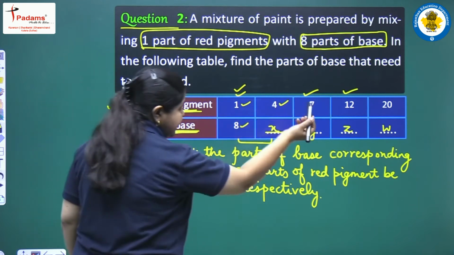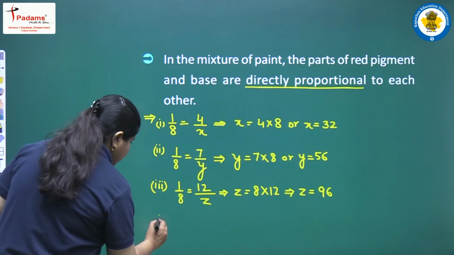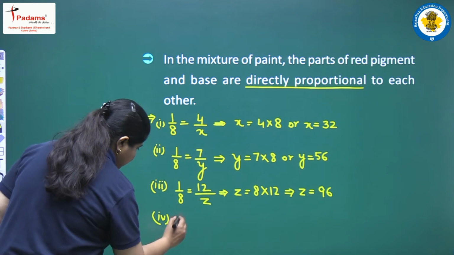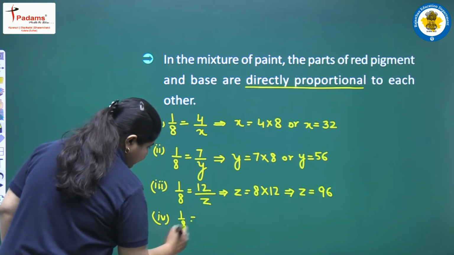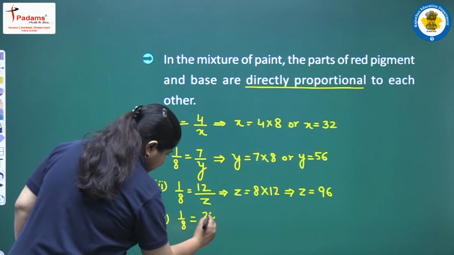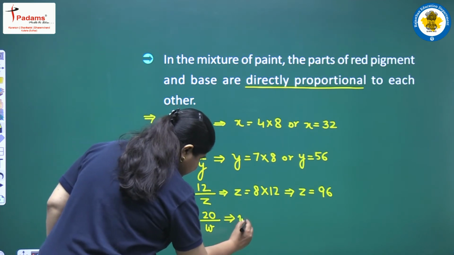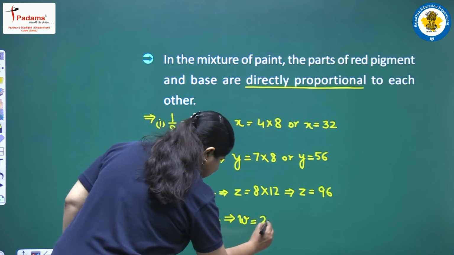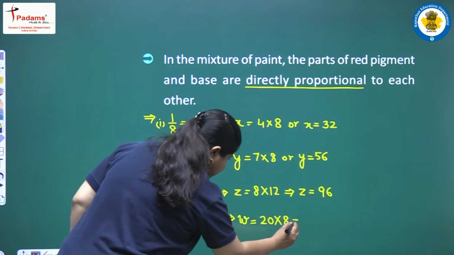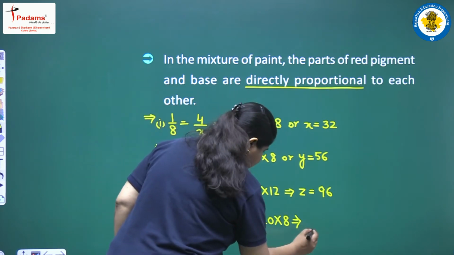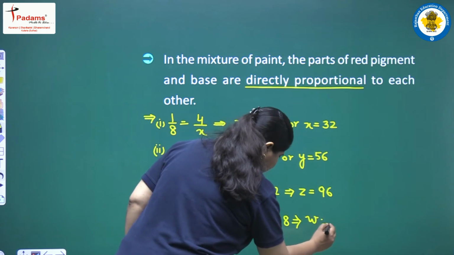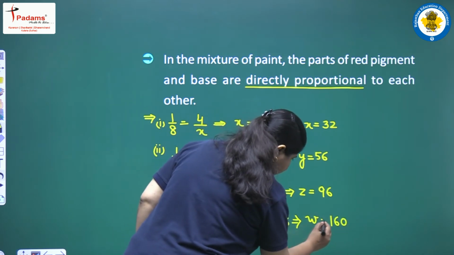Then for the last part we write here, fourth case, 1/8, this ratio will be equal to 20/w, and this implies, on cross multiplying, w will be equal to 20 into 8, and this gives us w equal to 160.